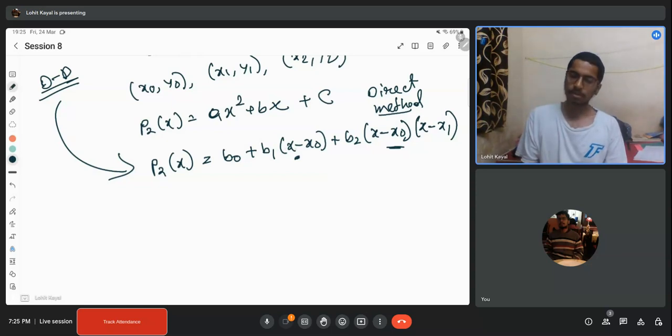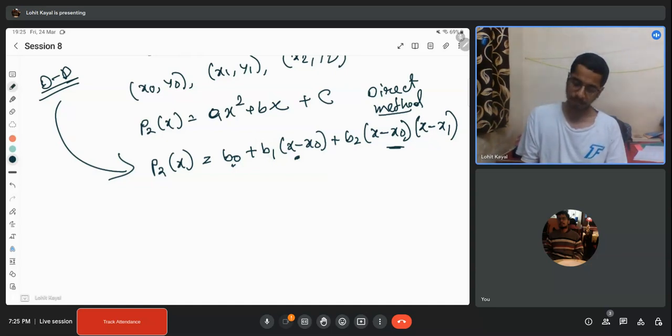Now if I put x equal to x1, this will be non-zero, but I have already got the value of b naught. This will be x1 minus x0, a non-zero term, but this term will be 0. So from here, this is known, and I will get the value of b1.